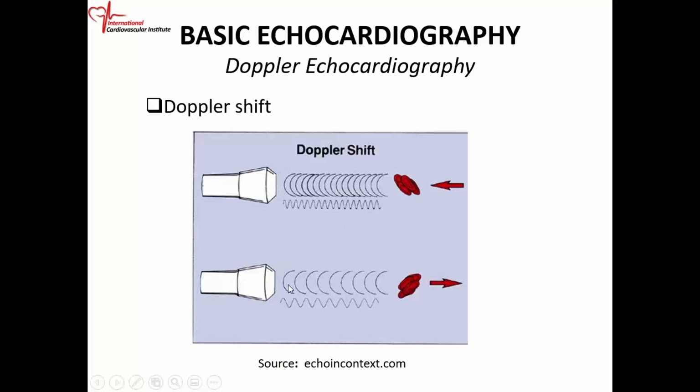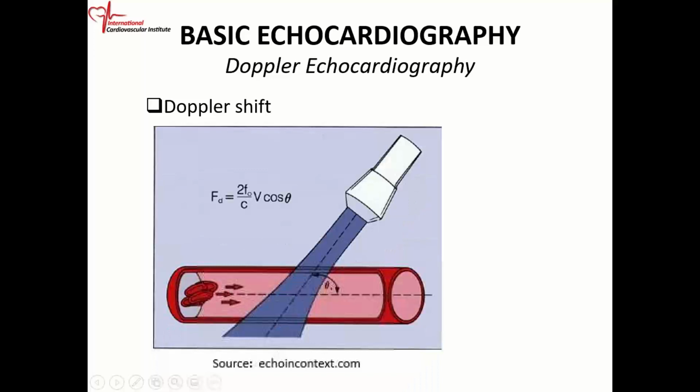But if the red blood cells are moving away from the transducer, the perceived frequency is going to be reduced, and we depict that as a spacing of less number of cycles, a reduction in the frequency.